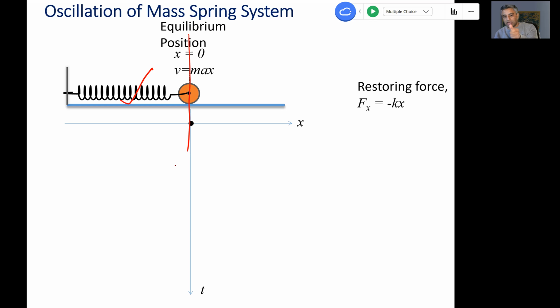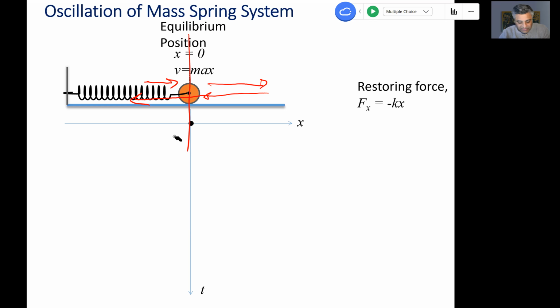Then you look at how it goes this way and comes back to the equilibrium position, and how it goes to the other side from the equilibrium position, and then comes back. That's going to be one complete oscillation, one period of oscillation.